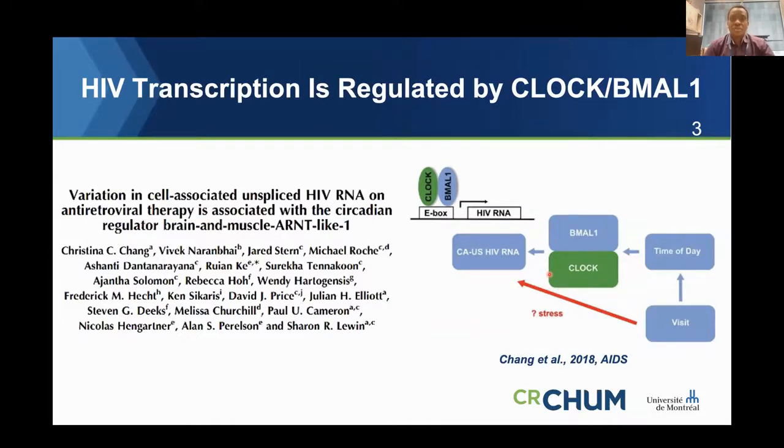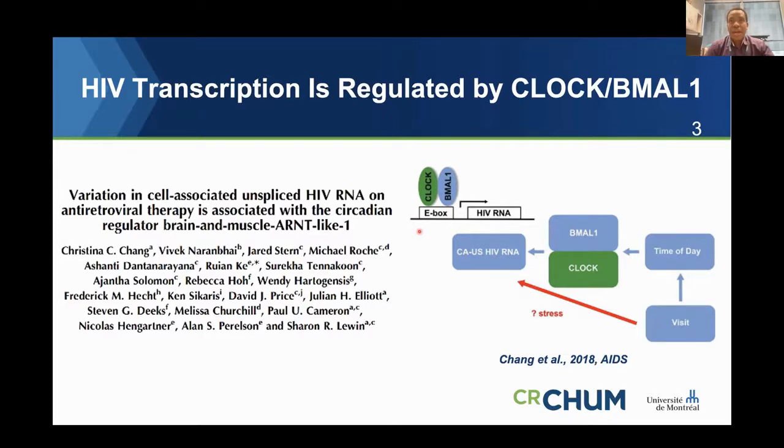Recently, it has been shown that the variation in cell-associated spliced HIV RNA in infected individuals on ART has a circadian basis. The group of Sharon Lewin demonstrated a significant relationship between cell-associated HIV RNA and BMAL1 expression.